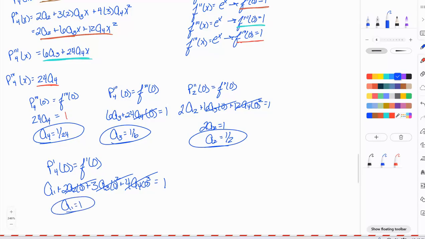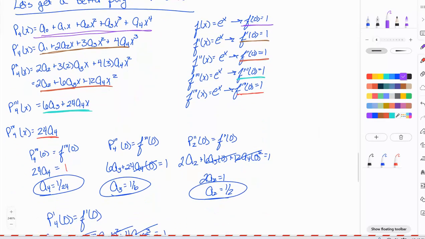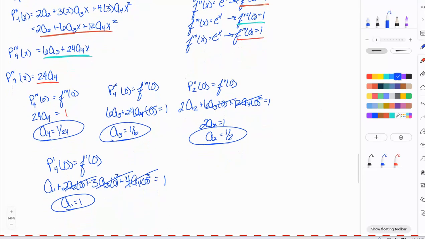And then if I compare p sub 4 at 0 with f of 0, that fourth order polynomial at 0 has to have the same value as f of 0.